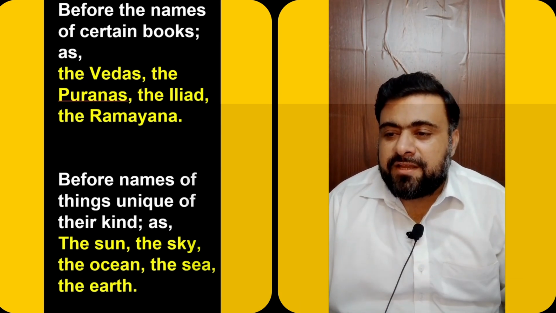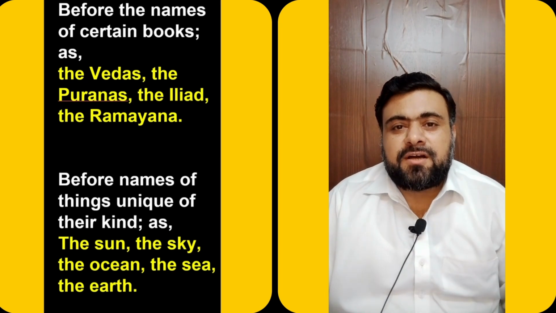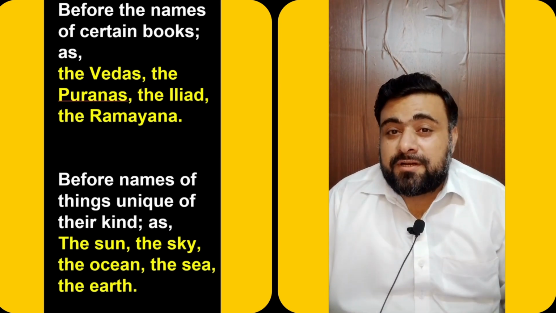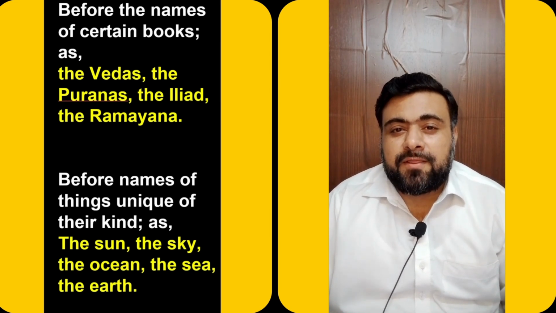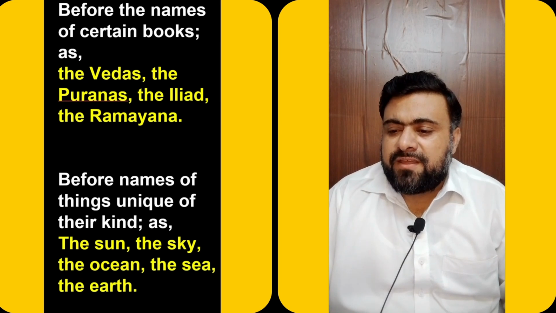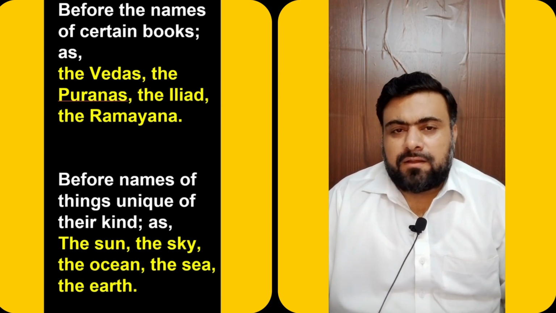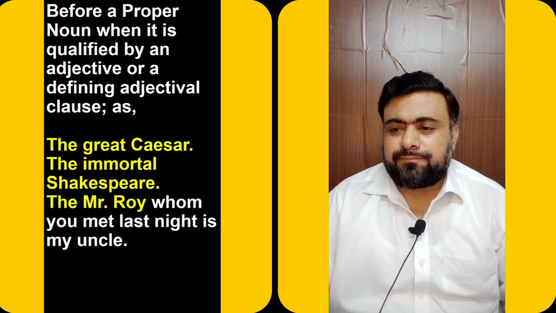For example, the Vedas, the Puranas, the Iliad, the Ramayana. These are certain particular books, and we use the definite article the before these books, or before names of things unique of their kind, before some unique things in the universe: the sun, the sky, the ocean, the sea, the earth.